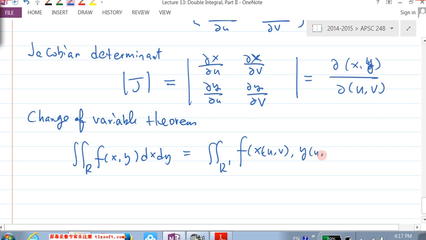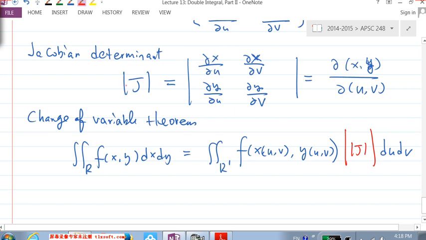The question mark we're trying to figure out, the scaling factor in front of du dv, is the absolute value of the determinant of the Jacobian matrix. It turned out that this scaling factor is basically the absolute value of this Jacobian determinant.